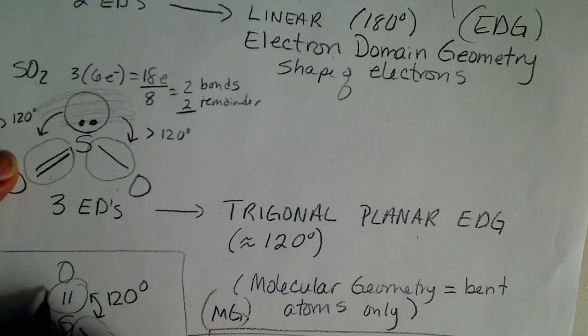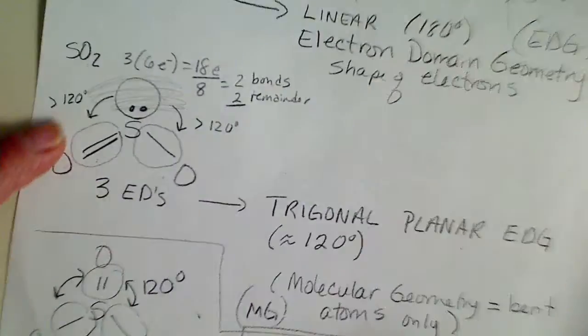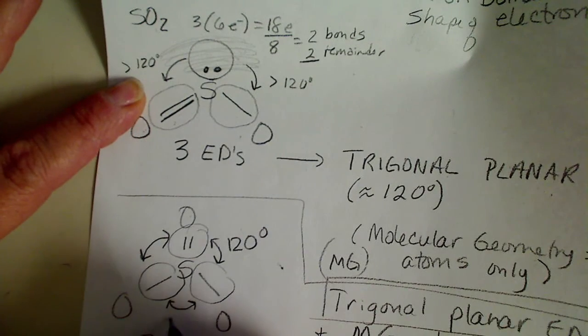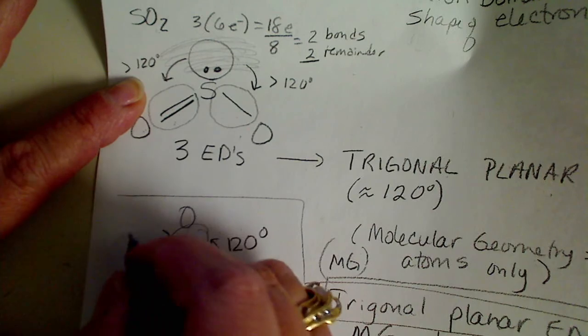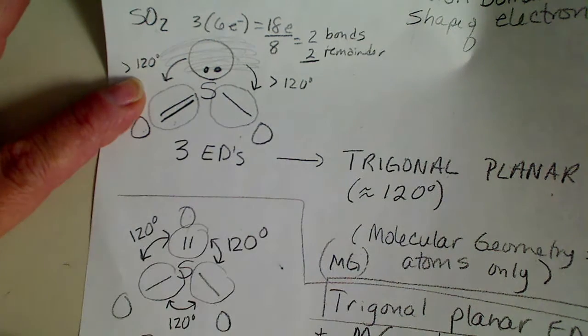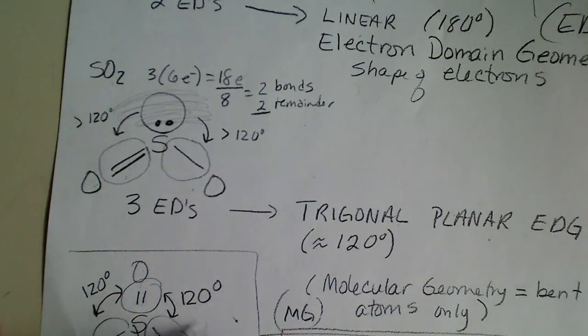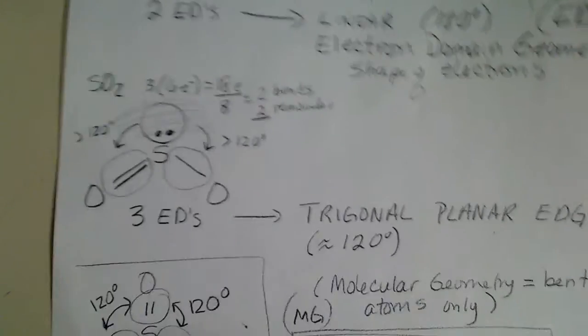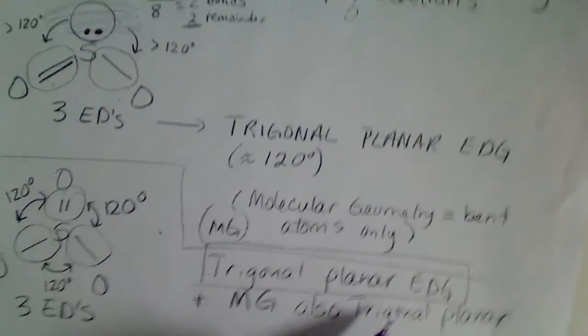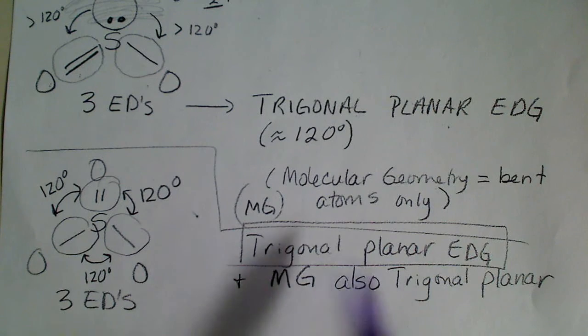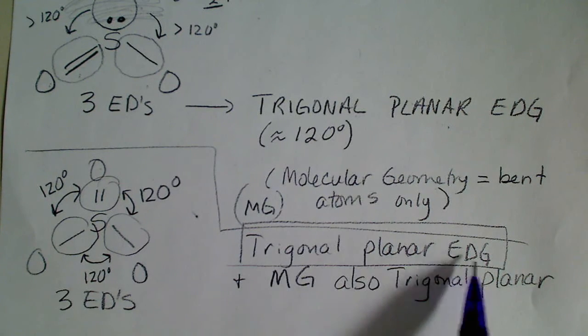So since this is an identical environment, then these angles would be exactly 120. If our molecule is distorted by either having a different atom or lone pairs, then these angles may not be exactly 120. But what I like my class to know is that a trigonal planar electron domain geometry translates into 120 degrees between groups of electrons.